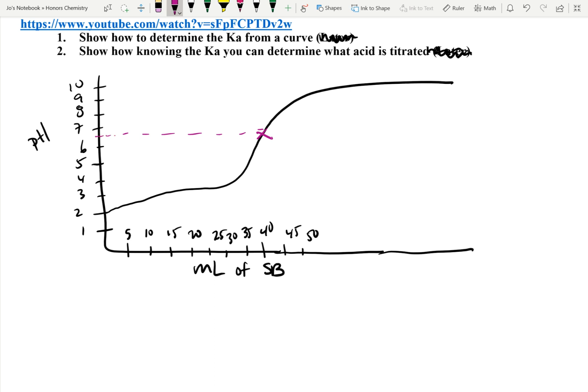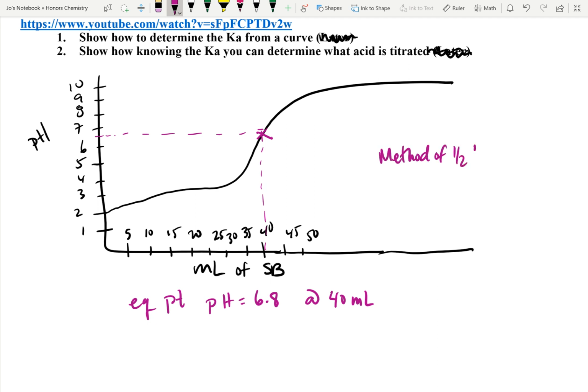Okay, I actually don't like this number, but we can go with this. So let's say the equivalence point for this particular curve has a pH of, let's call it 6.8. Okay, and so we're going to go down here. Let's say that is at 40 milliliters of base. So this is going to be called the method of half titration, and it's kind of a neat little trick.